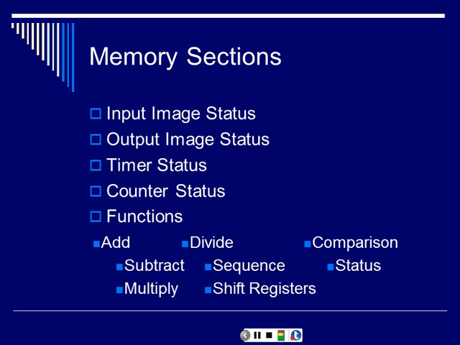So this is some of the things that go in there. So where do I find the inputs? Where do I find the outputs? What's a timer? What's a counter? And then adding, subtracting. How do I compare numbers? How do I divide? What do I do if there's a status?